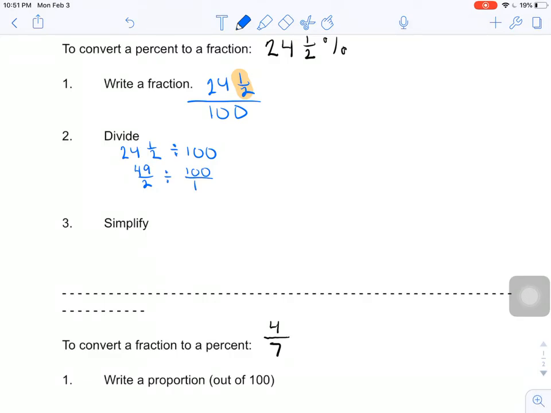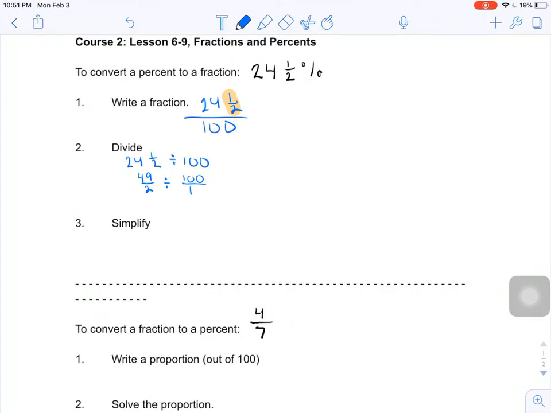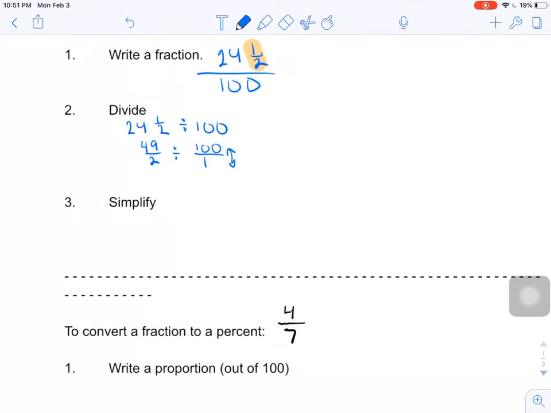When we reviewed dividing, we talked about how you can take the second number and flip it over, use its reciprocal, and turn it into a multiplication problem that will give you the answer. So 49 over 2 divided by 100 over 1 is the same as 49 over 2 times 1 over 100.